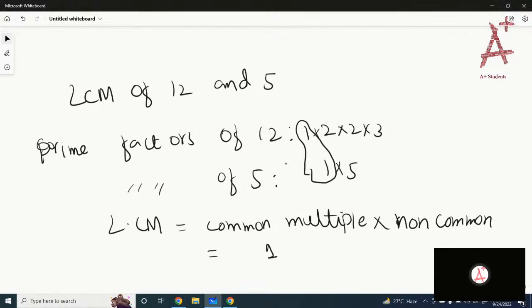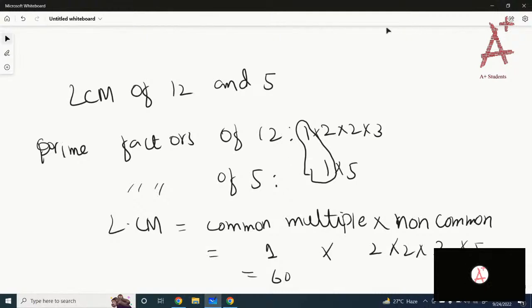Write the non-common multiples as they are, multiply them, and you can find your answer. 5 times 3 is 15, 15 times 2 is 30, and 30 times 2 is 60. So the least common multiple of 12 and 5 is 60.